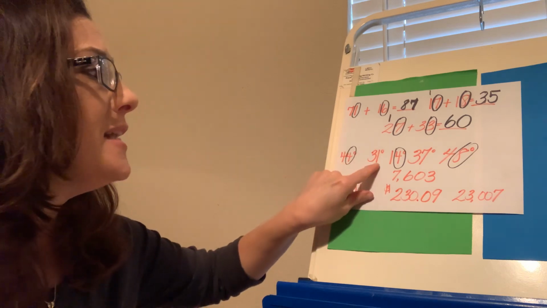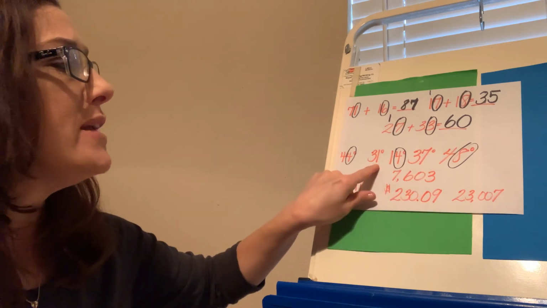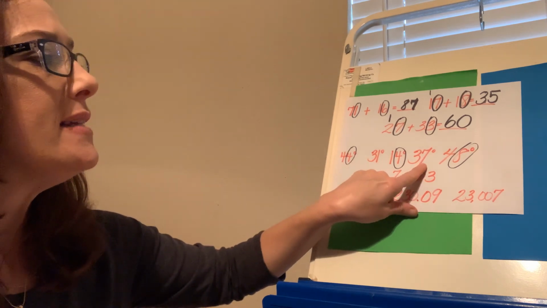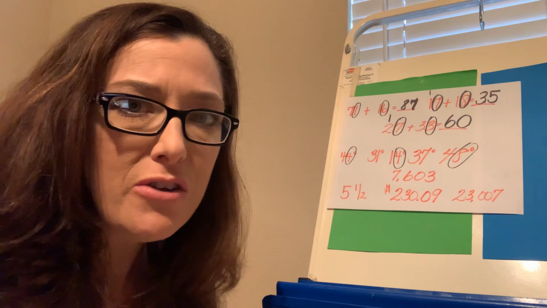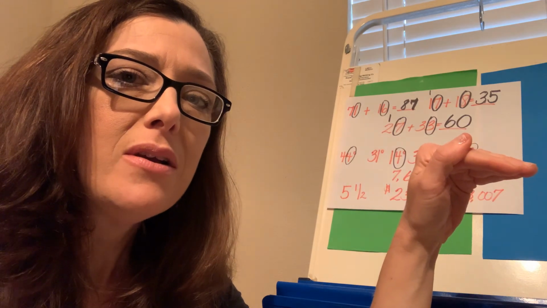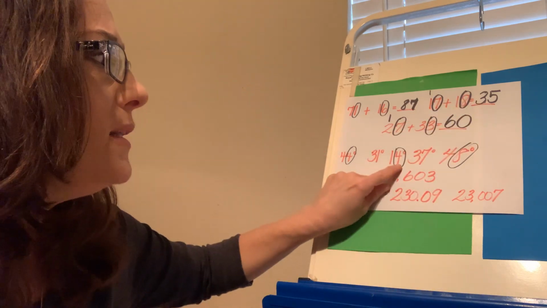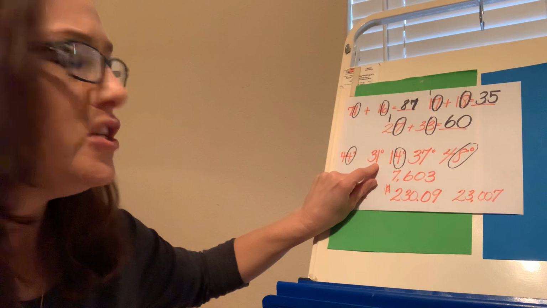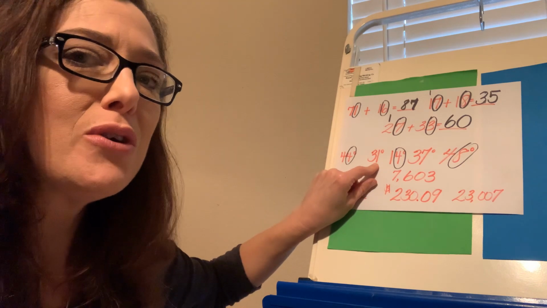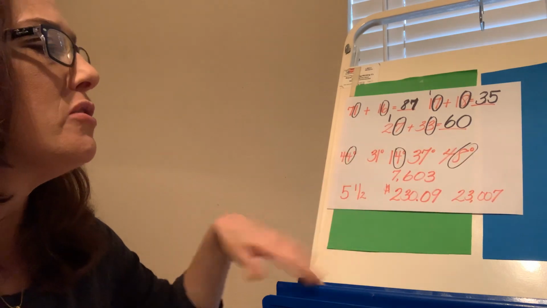But if it ends in an odd number, like the 1 and the 7, in 31 degrees and 37 degrees, you have to count by 1s on your thermometer. That means that you have to count by 10s to your black bar, count by 2s to the shorter black bar, and when you're counting by 1s on your thermometer, such as 31 degrees, you're going in between. So you'll be able to practice temperature on your paper today.